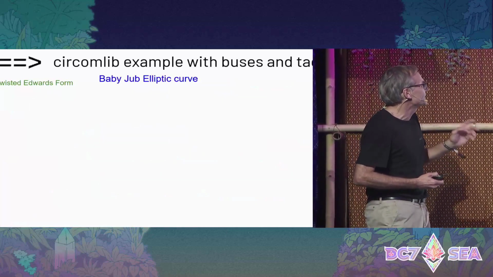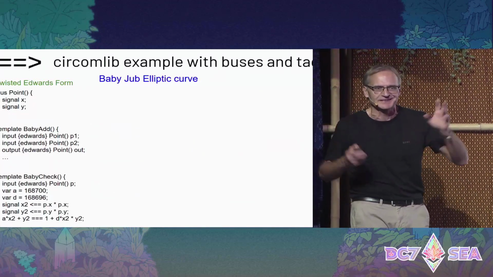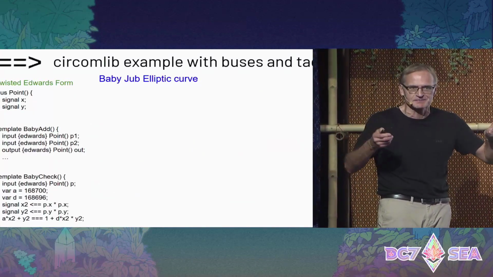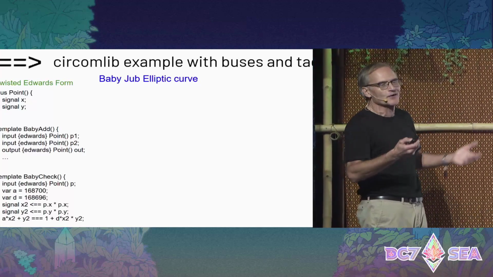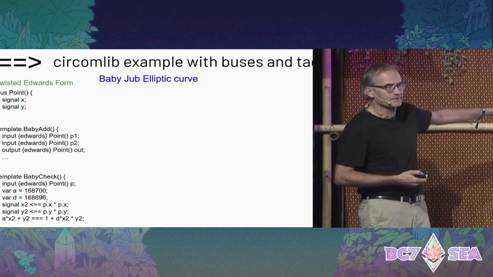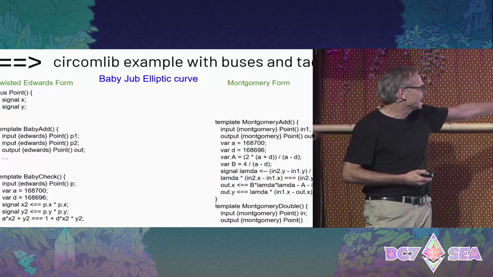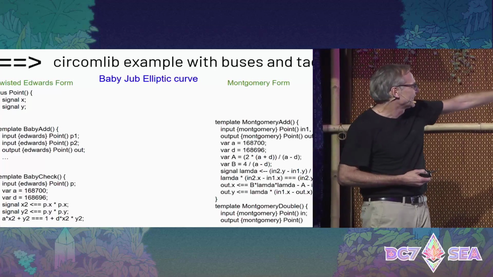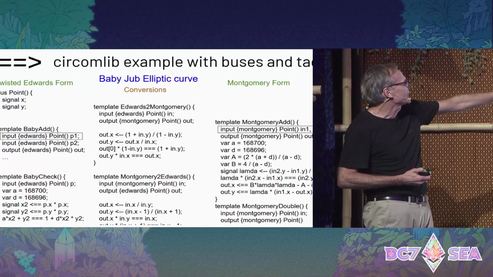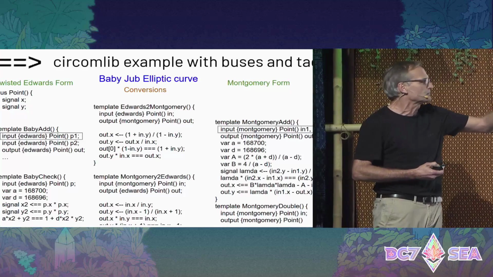Okay, so finally, using buses, I can avoid using both types of points, because in fact they are points, but the thing is that they are in one form or another. Then I use tags to distinguish them. You see here, I say, yeah, I have a point, but it's Edwards. Okay, and then in Montgomery, I say, I have a point, but it's Montgomery. Okay, and then with the conversion, it's clear that I go from a point in Edwards to a point in Montgomery.